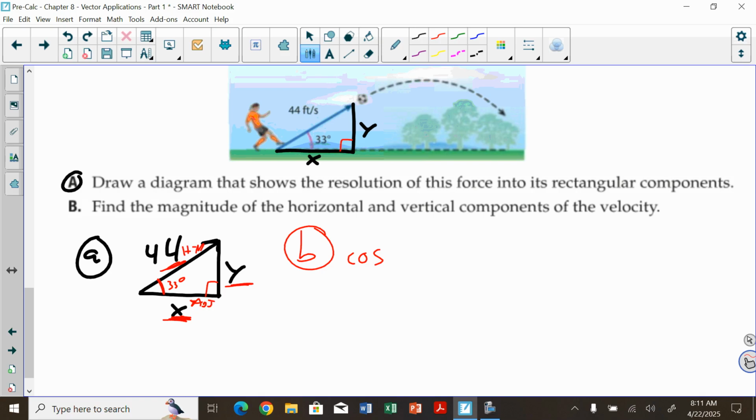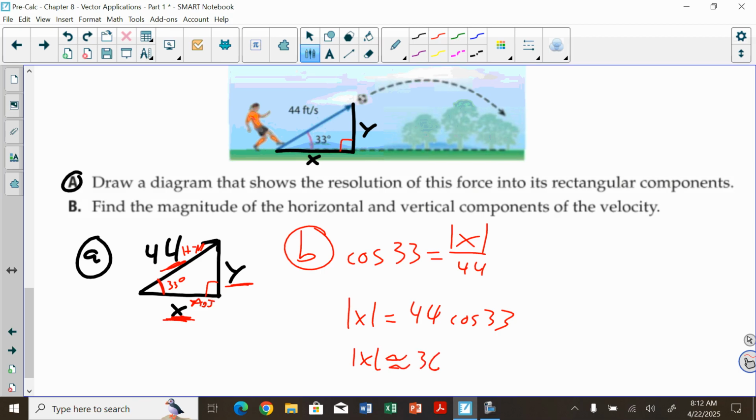So cosine of 33 degrees would equal the adjacent side X over the hypotenuse of 44. And we know it's got to be positive because we're talking about magnitude. So the magnitude would equal 44 times the cosine of 33. So the magnitude of X would be about 36.90 feet per second.